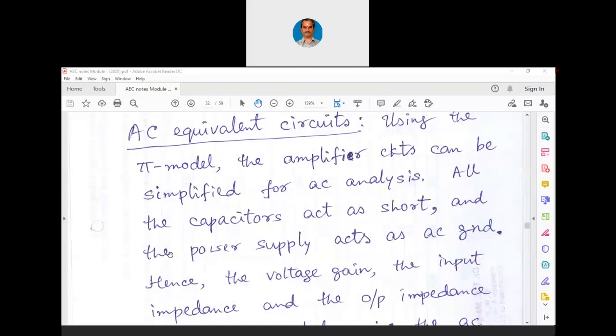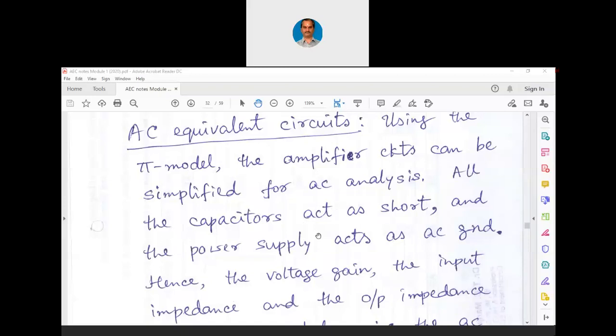So that is how in the pi model we have beta into Re at the input side, and at the output side we have Ic, because we presume that around the Q point the collector current is constant, so we represent it by means of a current source. So using that pi model, the amplifier circuits can be simplified for AC analysis.